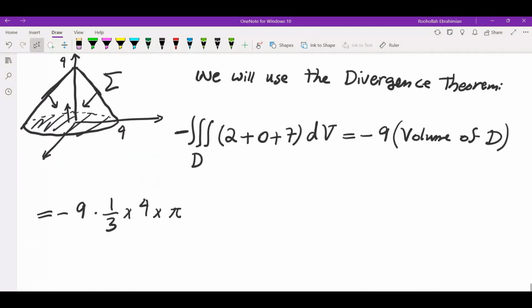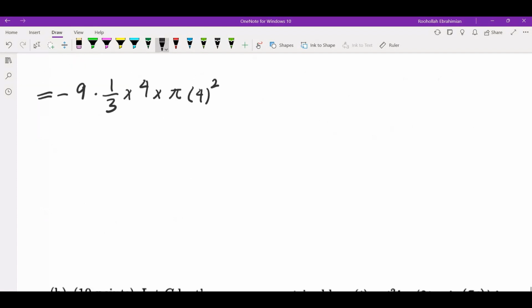So the radius is 4, so pi radius squared. So again, it is minus 9 because of the constant that we took out, times 1/3 because of the cone, times the height times area of the base. And you could just leave it as that. They didn't ask us to simplify.